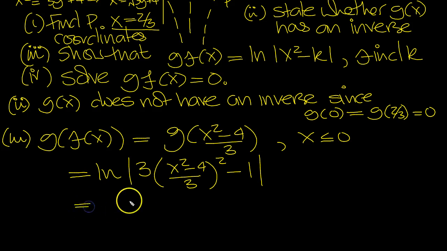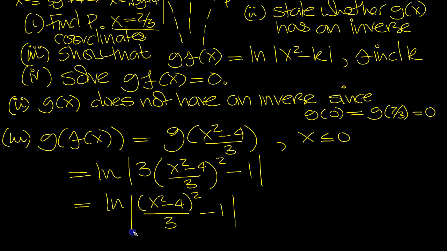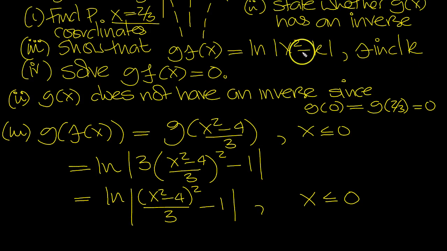So that's equal to, this will be 9, 3 over 9 will be a third, so it's a log of x squared minus 4, and then this will be 9, that's a squared, so one of the 3's will cancel, minus 1, modulus. Okay, we've got that then, and that holds for x less than or equal to 0. Let's just see what we've got here, x squared minus k, haven't we?